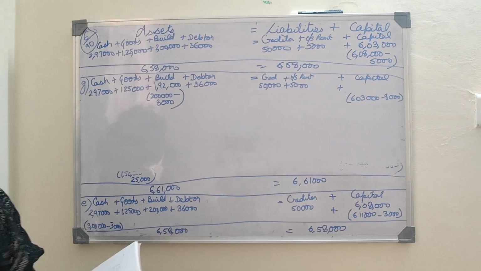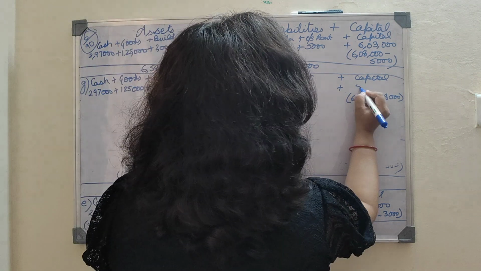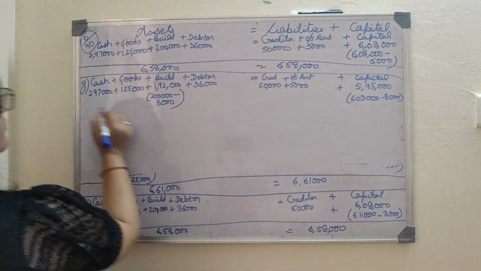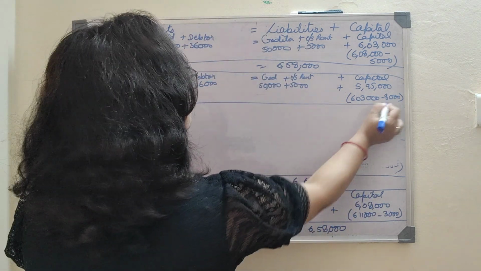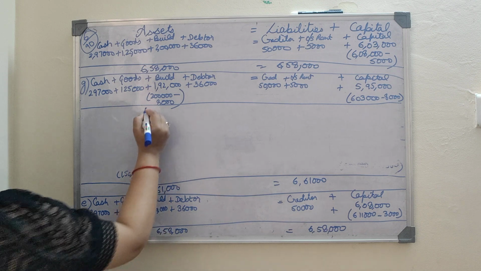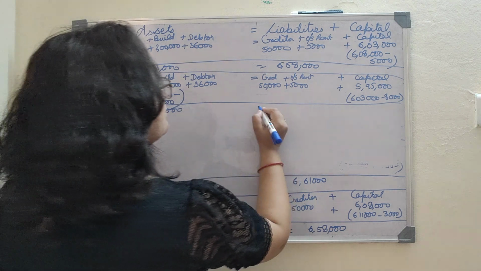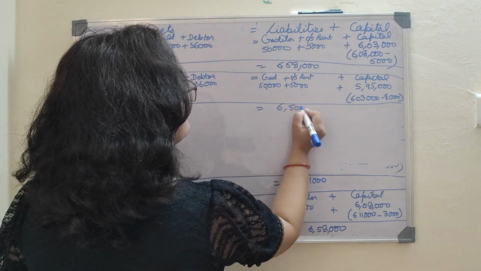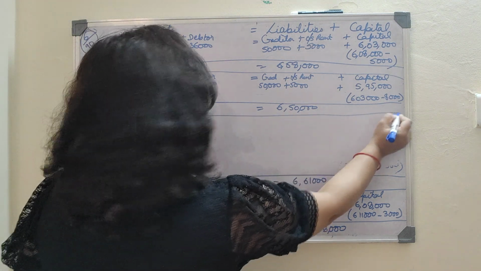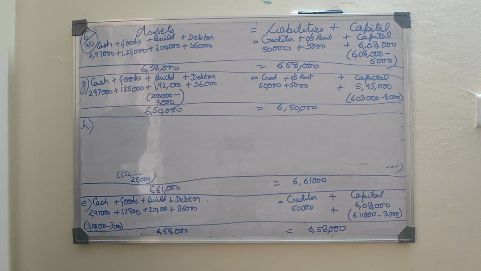So 6,03,000 minus 8,000 comes to 5,95,000. Right? So the total of both the sides comes to 6,50,000. Keep on checking the total of LHS and RHS. It should remain the same after each transaction. Now we come to the H point.